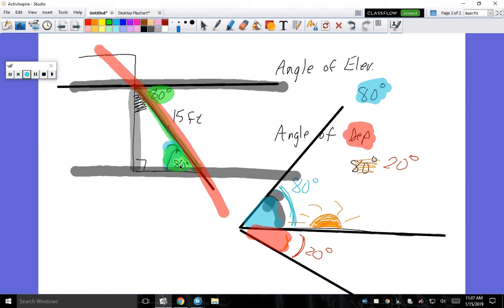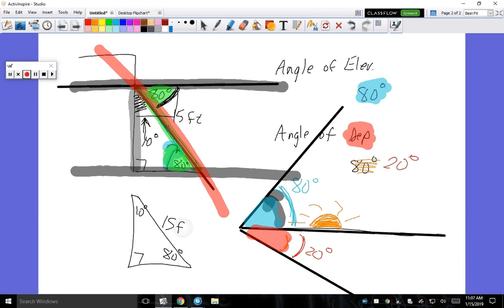That's why angle of depression and angle of elevation are always the same. People mistakenly put it here instead of subtracting whatever this is from 90 and putting that here. So it develops this triangle of 10 degrees and 80 degrees.